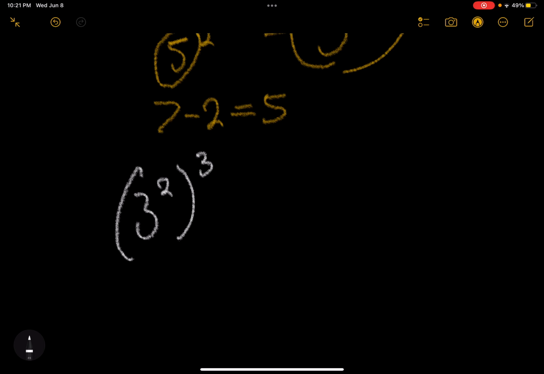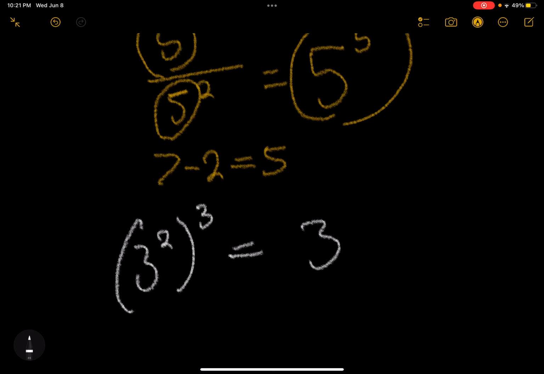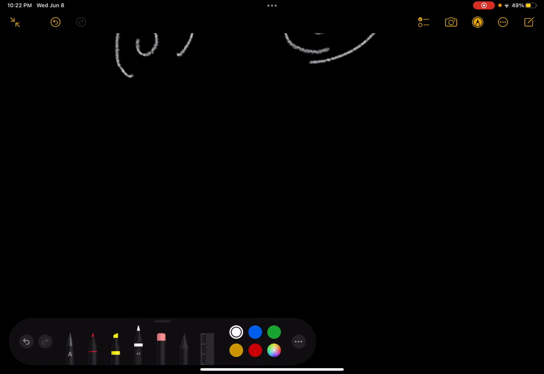There's also a really easy way. You put the base, there's only one base here now, and if we have parentheses in this type of fashion, we multiply the exponents, which equals 6. So it's 3 to the 6 is your answer.